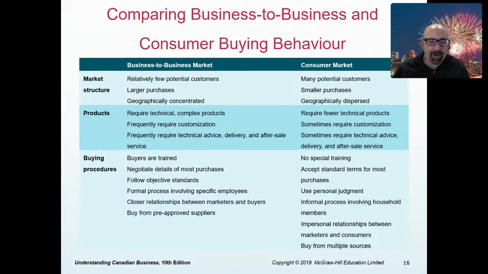What else? Prices are far more negotiable in a B2B environment. And the process is very formalized. I've mentioned before, I believe, that when the university buys something over a certain dollar amount, $50,000, let's say, they have to do what's called a request for proposal, which means that the university scopes out what it needs, how much it needs, what the requirements are.